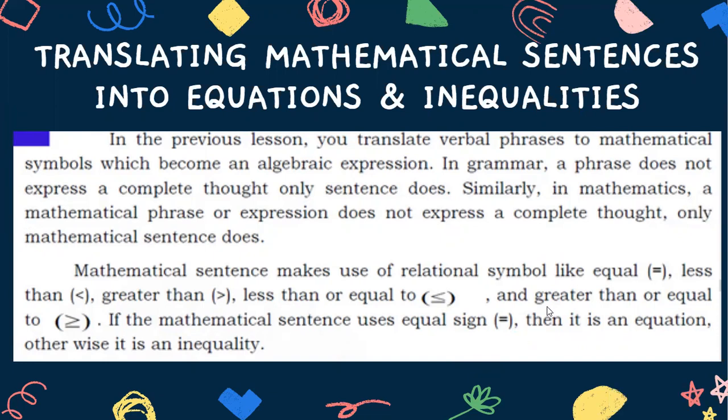And if we use the symbol of greater than, less than, greater than or equal to, or less than or equal to, then that is an inequality. So that is the difference between equation and inequality. When we say equation, we use the symbol equal. When we say inequality, we use the symbols greater than, less than, greater than or equal to, and less than or equal to. So that is an inequality, right?